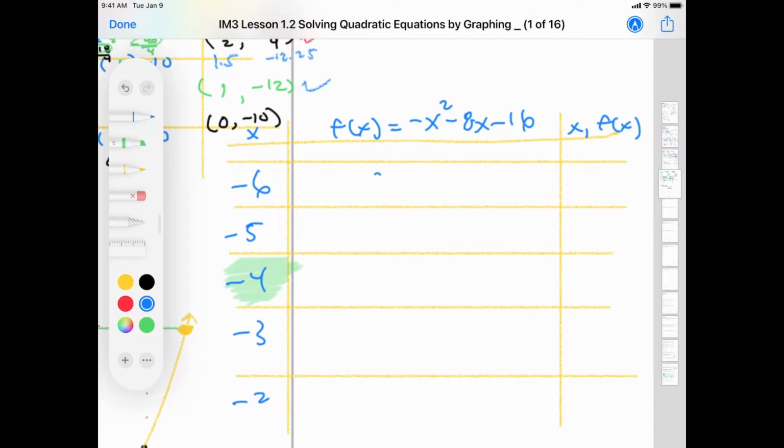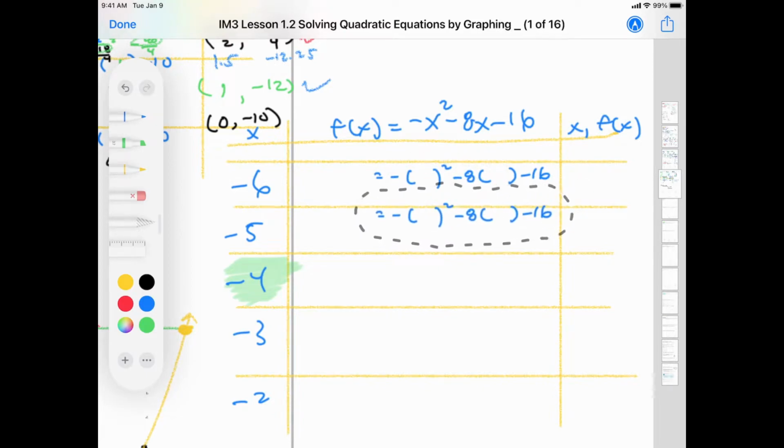I know you guys think I'm crazy. Okay, negative, and instead of writing x, I'm just going to do the parentheses. Basically we're going to do 5 mini problems. So I just copy and paste.